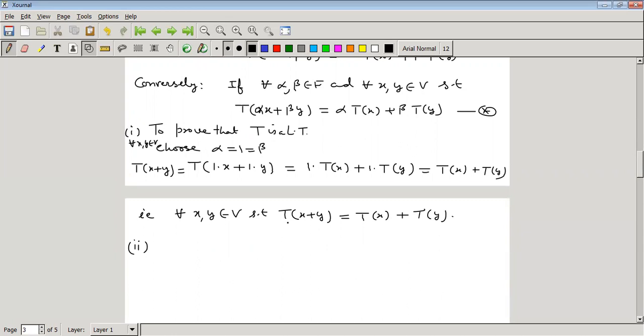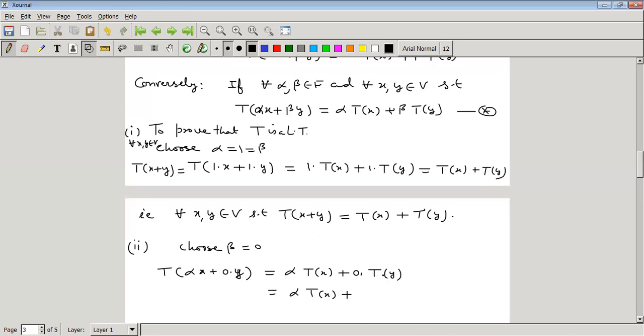So what is the choice for the element beta? We can choose beta to be 0. If we choose beta equal to 0, then T of alpha x plus 0 into y is equal to alpha times Tx plus 0 times Ty.